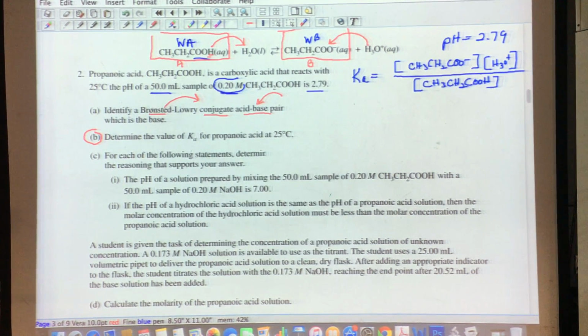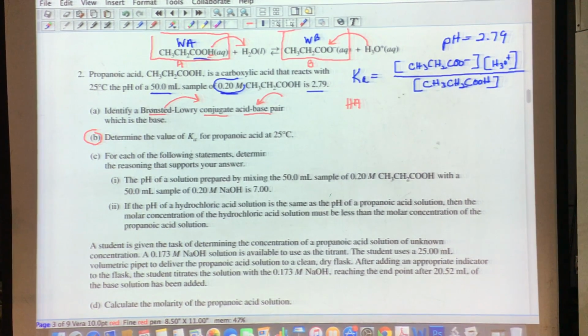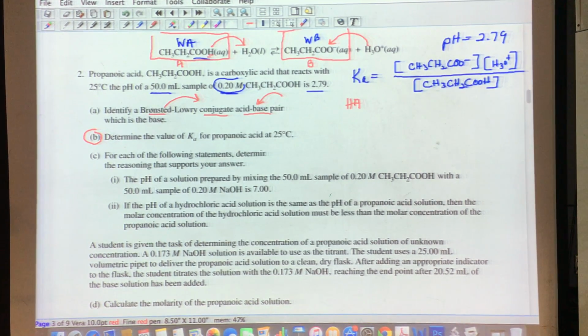All right? So I'm just going to write, for simplistic purposes, here's my acid, HA, which we all know is this conjugate base. I don't have the water in this because it's a liquid, it doesn't apply. And it's a double arrow, and it goes to the conjugate base, plus the H plus, which is the same thing as the H3O plus.